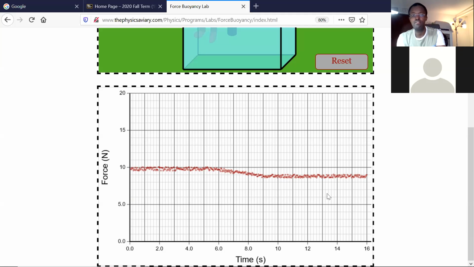Can you see my screen? Can you see the graph? Somebody for an interpretation?